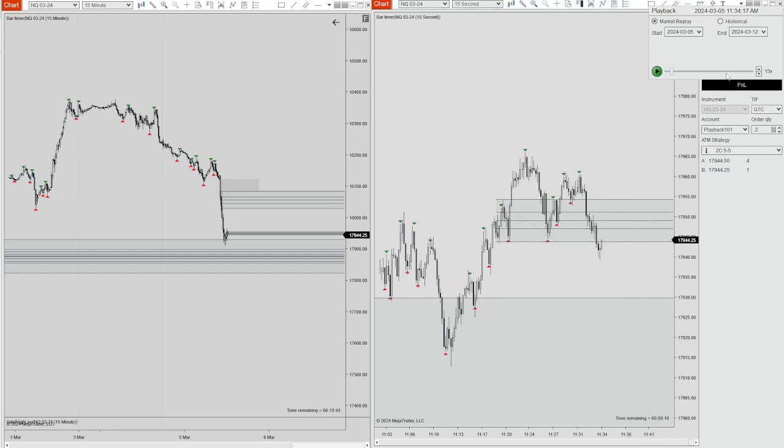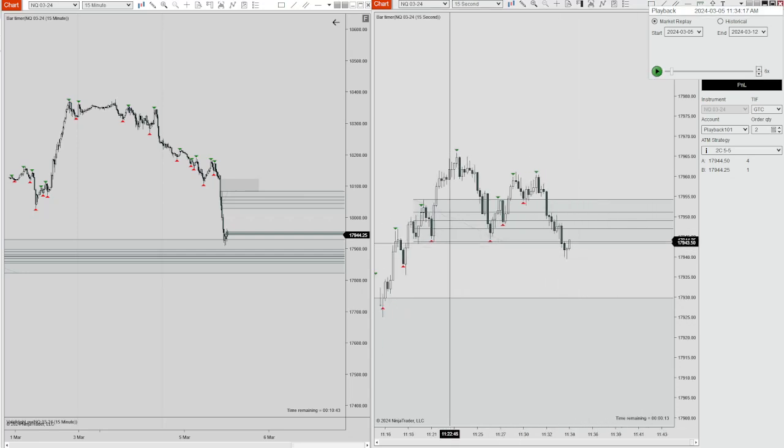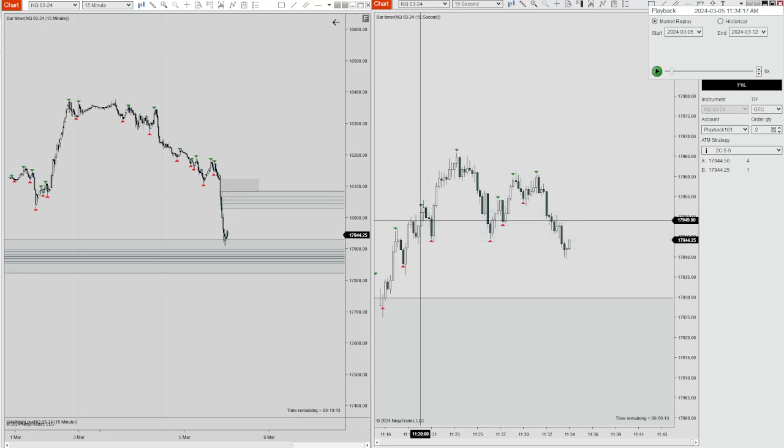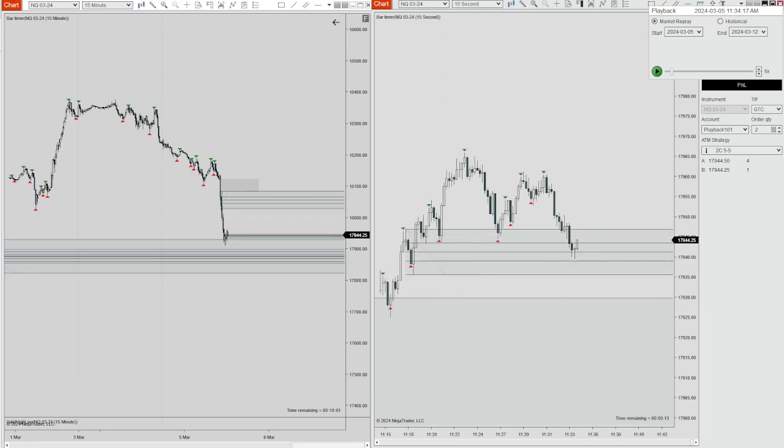Here we go. Let's see. Okay, yeah, so we got our sweep into our zone. This is a nice clean zone. I got a sweep, got a valid high. Let's go, 12 points. Alright, watch this.